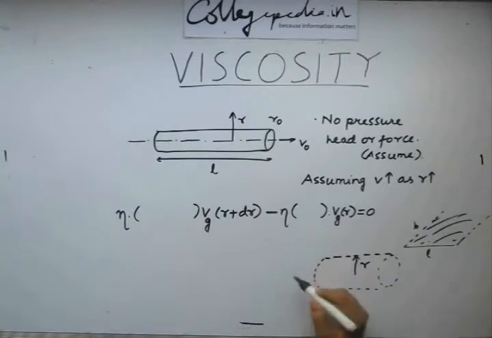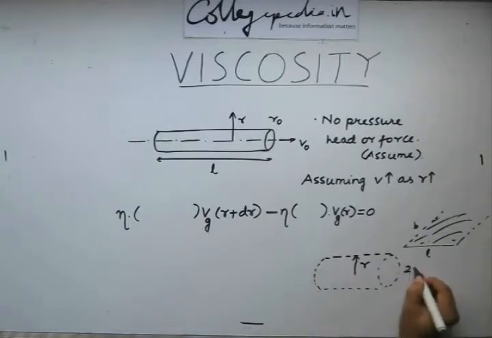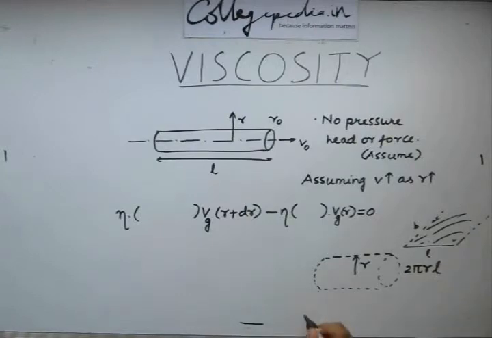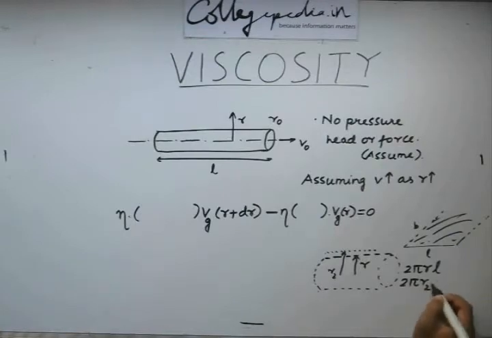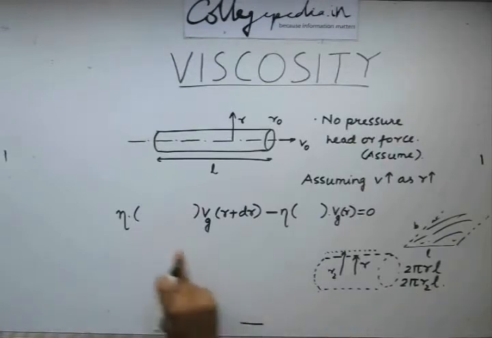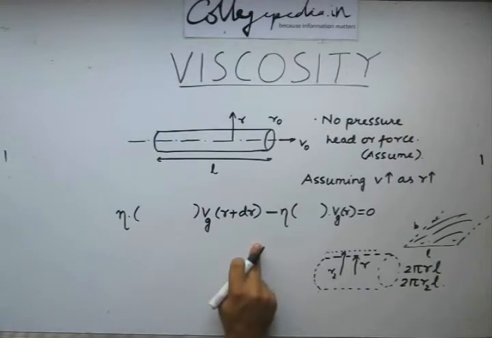So the surface area for a cylinder will be 2 pi r times the length of the cylinder. However, if we change the radius, say we take a radius slightly larger than this, say r2, then we will have a surface area of 2 pi r2 times L. This is what is going to happen here.